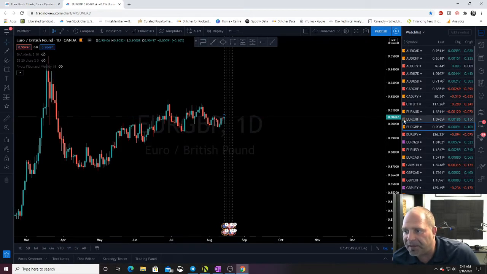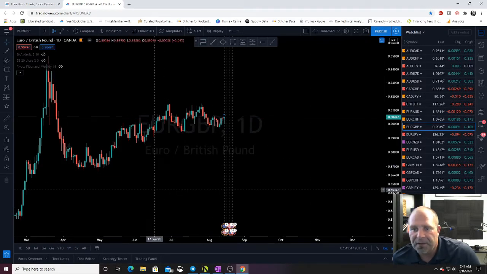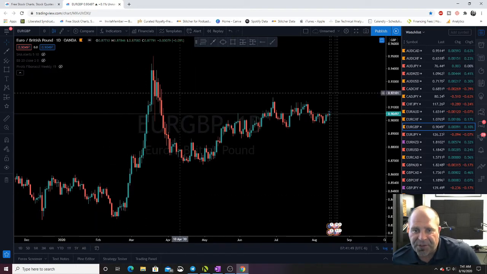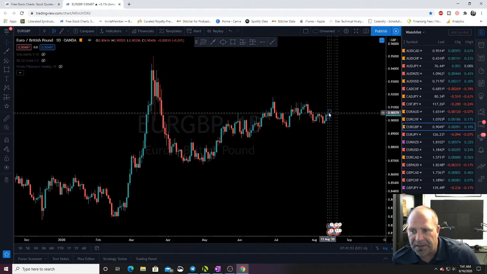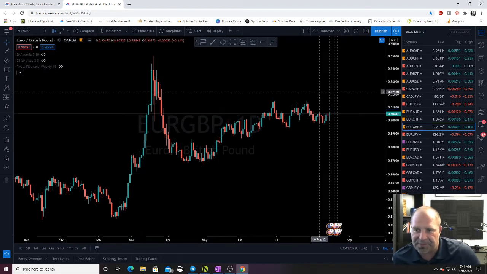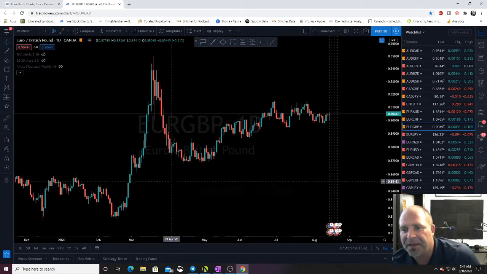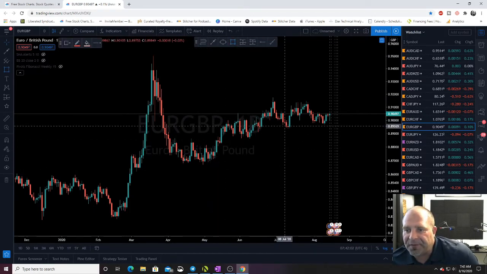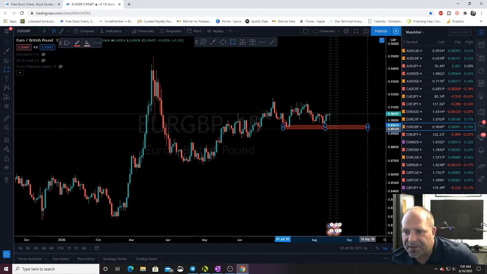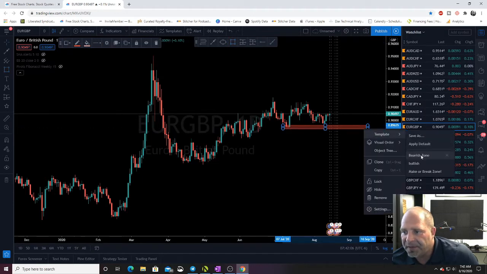Euro British pound. Just creeping back up where we had this COVID peak, right? Look at this creeper. It's just creeping up, and there are no real defined levels on this slow ride back to the top.